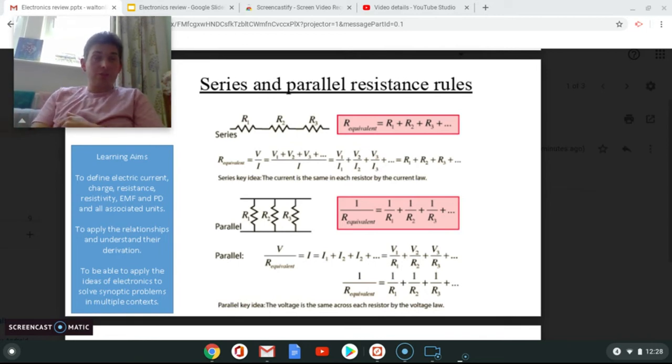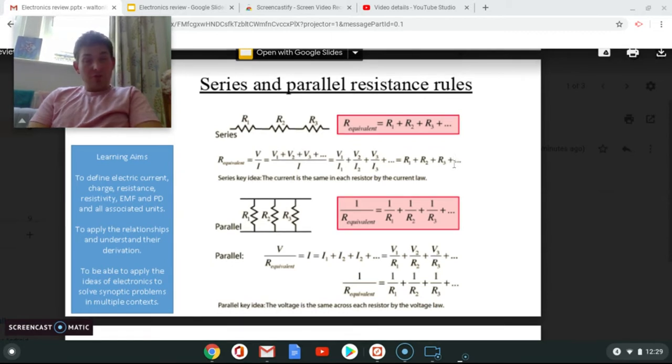That would be the total voltage in a series setup. Then, because of Kirchhoff's second law, you'll end up with V1 plus V2 plus V3 over I, and you'll get V1 over I plus V2 over I plus V3 over I, which are all the same current anyway. So you'll get R1 plus R2 plus R3, and that's the rule for resistance equivalencies.